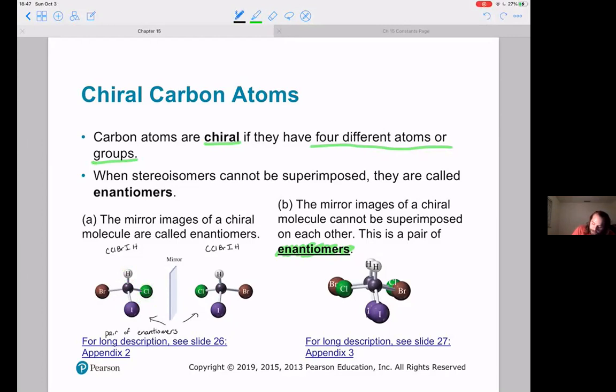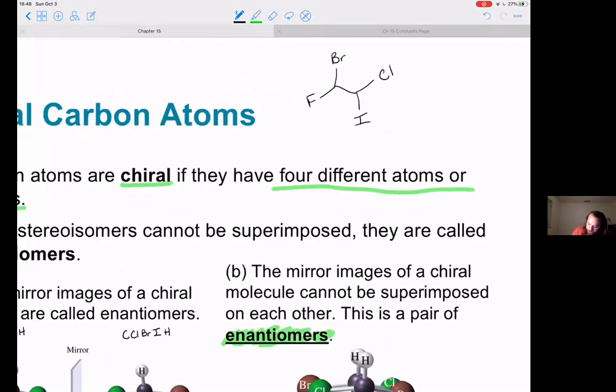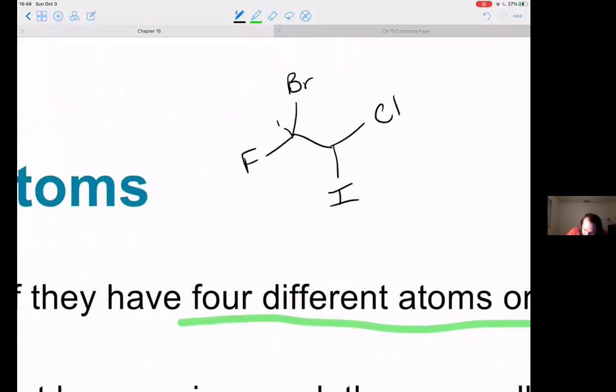Likewise, you can have more than one chiral center within a molecule. So for example, if I had something, this is bromine, this is fluorine, this is iodine, and this is chlorine, right? The one thing that I didn't explicitly draw is the hydrogens.